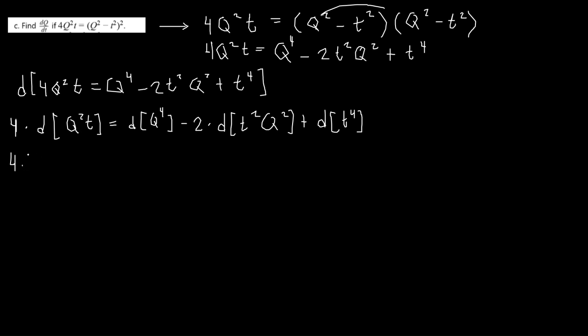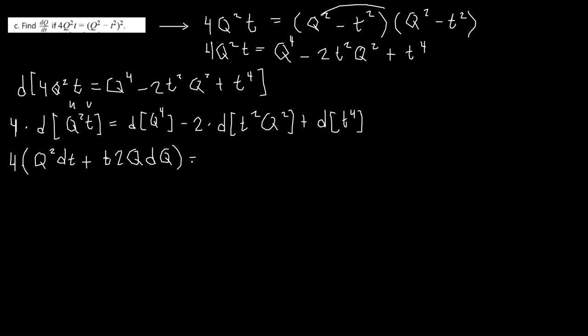Let me put a parenthesis so that we know it's different from the 4. It's going to be q squared, let this be your u and let this be your v, so q squared dt plus t squared dq.